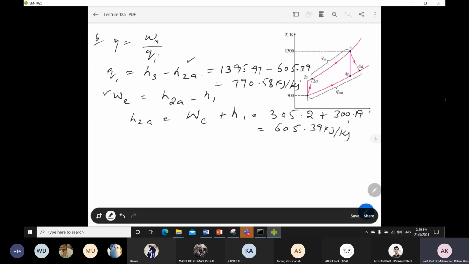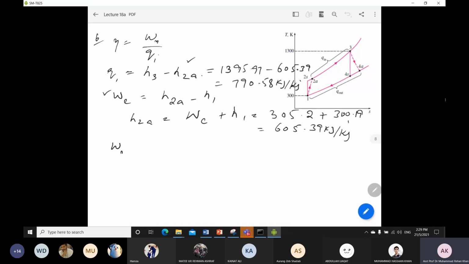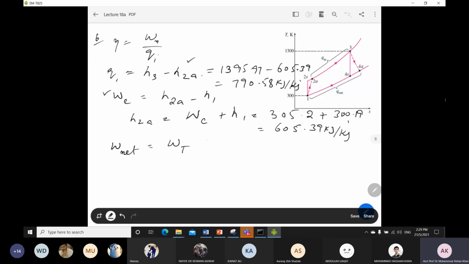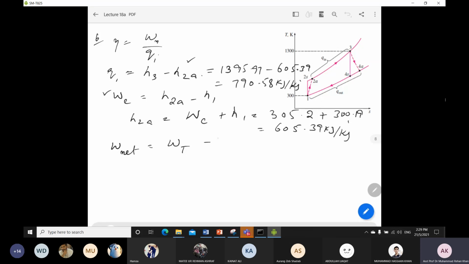Okay, so now the actual Q in is known to you. Now we need the value of W net. So W net is equal to W turbine, which is the output work, minus the input work, which is the compressor work.